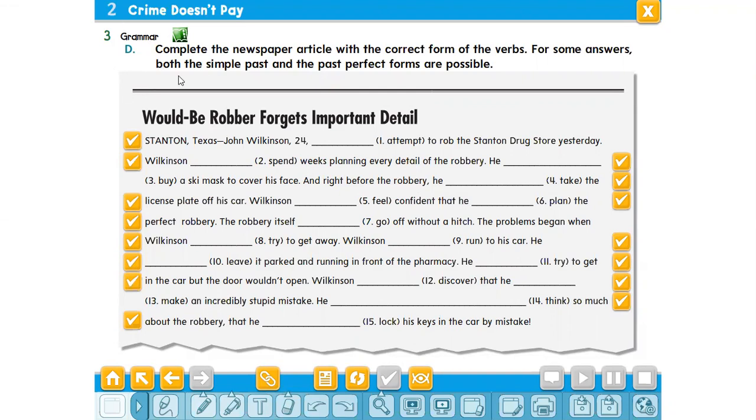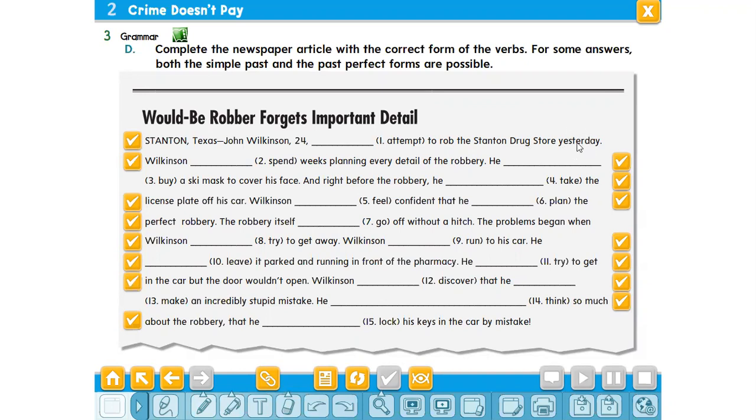Exercise D. Complete the newspaper article with the correct form of the verbs. For some answers, both the simple past and the past perfect forms are possible. Stanton, Texas. John Wilkinson, 24, attempted to rob the Stanton drug store yesterday.